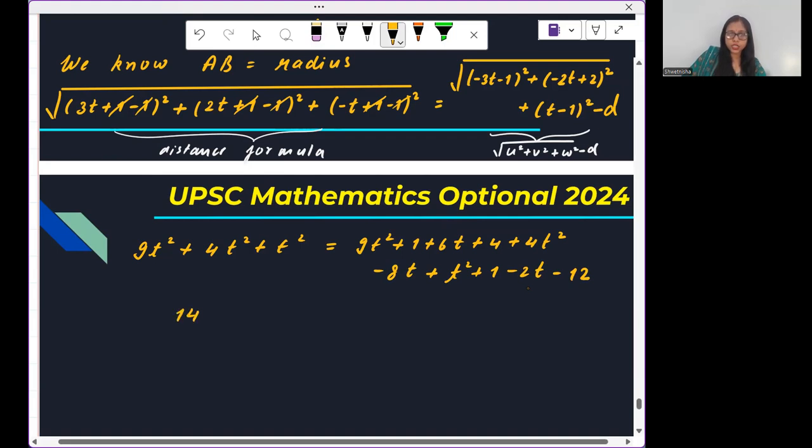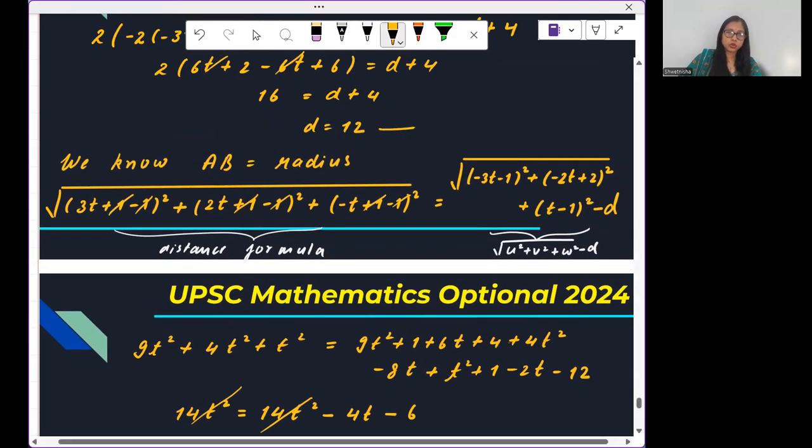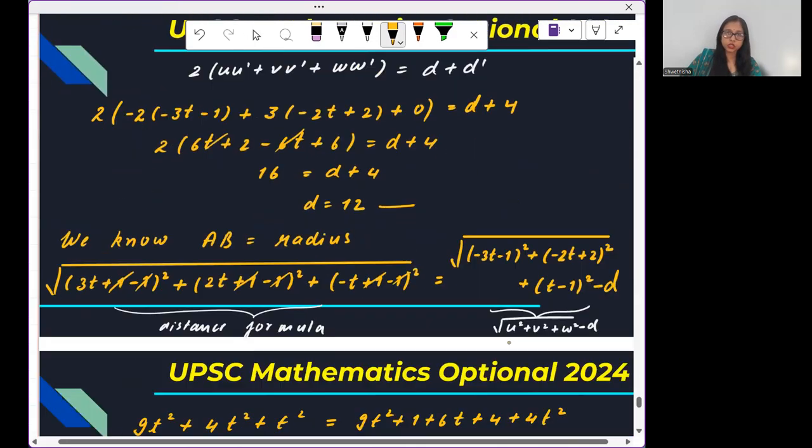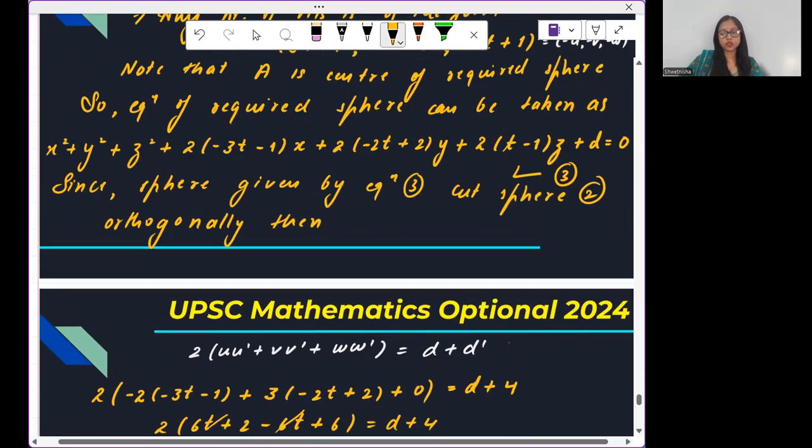So this is going to be 14t square is equal to, the 14t square cancels out, minus 4t, 6 minus 8 minus 2, minus 2 minus 4, yes. And then we have minus 6. This gets cancelled. So 4t is equal to minus 6. So t is equal to minus 3 by 2. That means you get the value of t, and you get the value of d also, using 4 and 5. In equation 3, you get your required value.